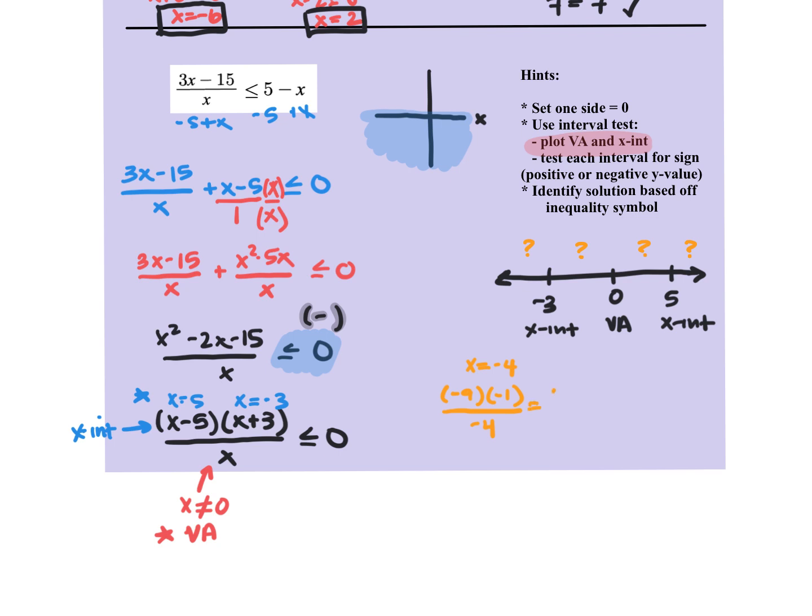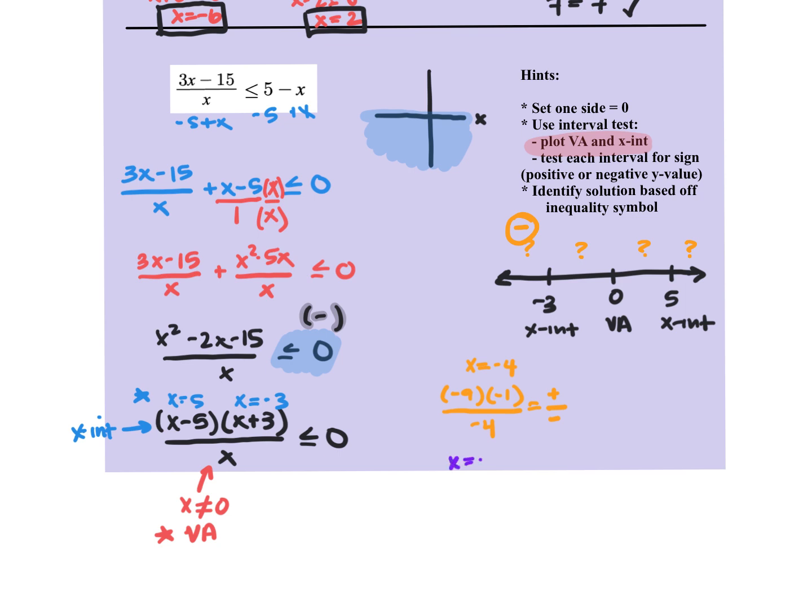So my numerator is going to be positive. Negative times a negative gives me positive. My denominator is negative. A positive divided by a negative ultimately gives me a negative interval, a negative y value. Right? I'm going to repeat this process for the next 3 intervals, picking x values that fall in that part of the domain, plugging them in, seeing if the y value is positive or negative.